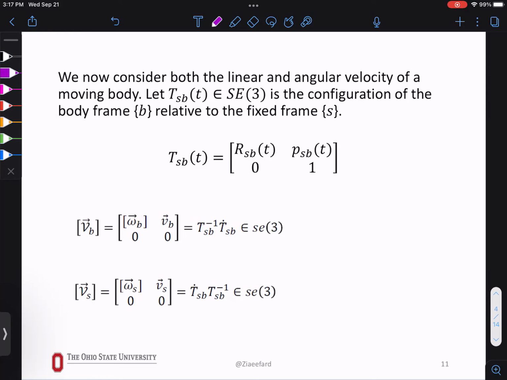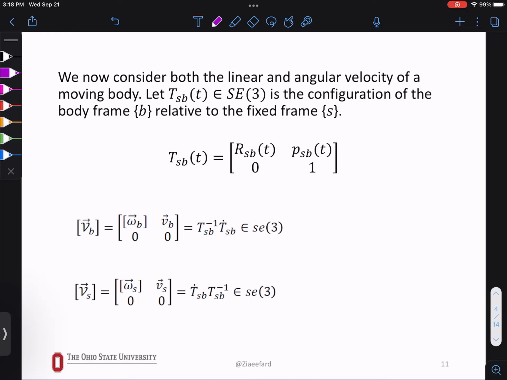How do we relate that? We already know that T_SB is the transformation of B with respect to S, which is the rotation between them and the translation between them. Could be 0, could have a value.